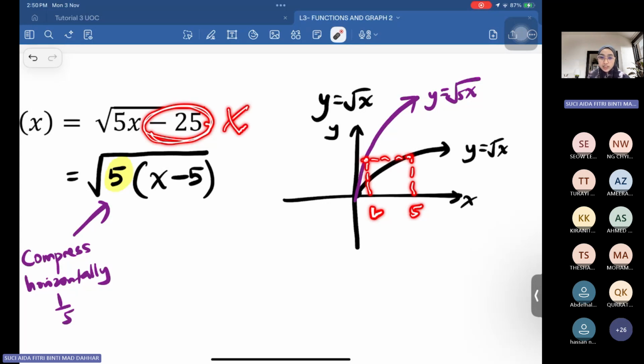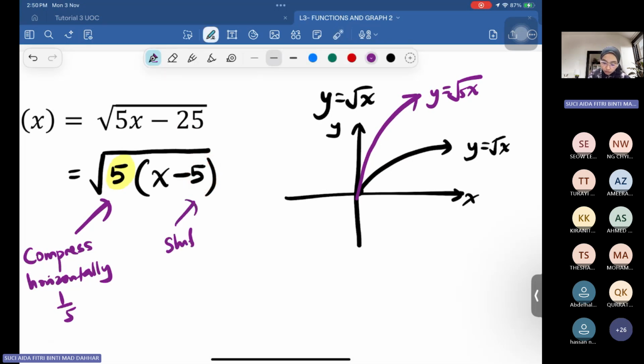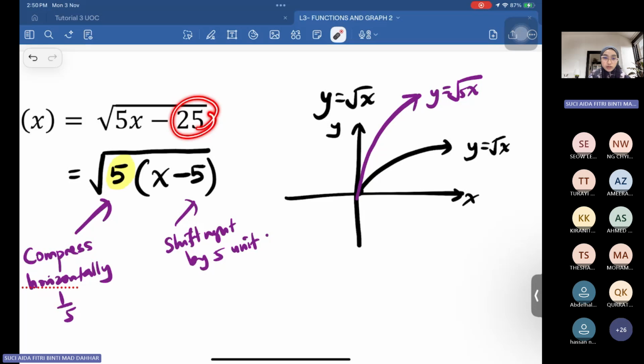Remember, your x has been compressed by 1/5. So what's 1/5 of 25? 1/5 of 25 is 5. That's why I factorize like this, so it is clearer that you have to shift to the right by 5 units. Don't shift to the right by 25 units. Your x has been compressed by 1/5 already, so what was 25 units before is now just 5 units.